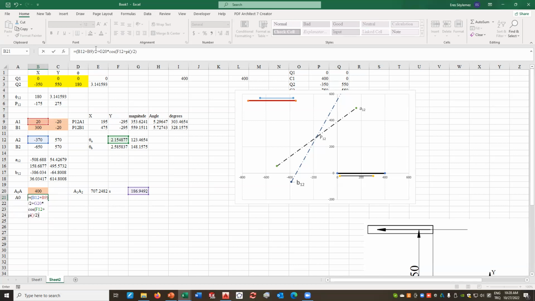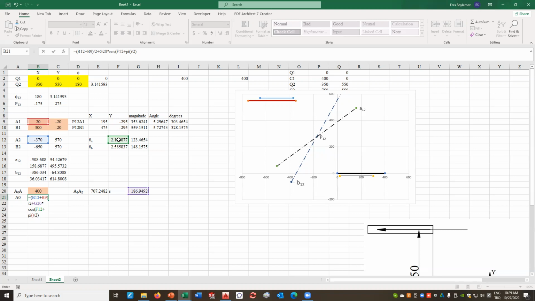Now, this is the x coordinate of the midpoint of A1, A2, which is on the perpendicular bisector, by the way, plus the distance S from that point to the center point A0 on the perpendicular bisector, times the cosine of the angle the perpendicular bisector makes with respect to the horizontal.